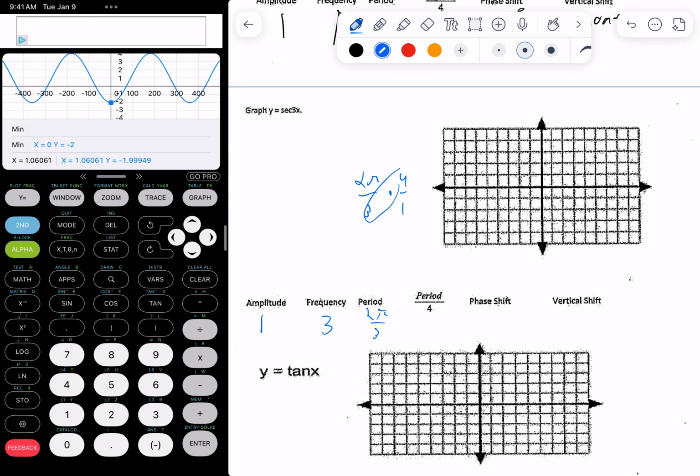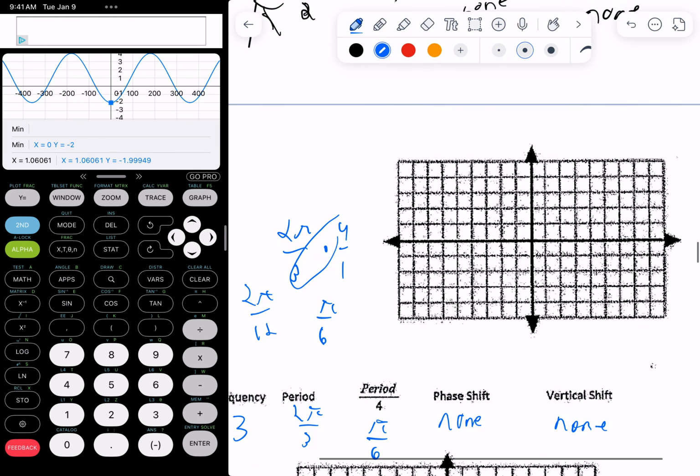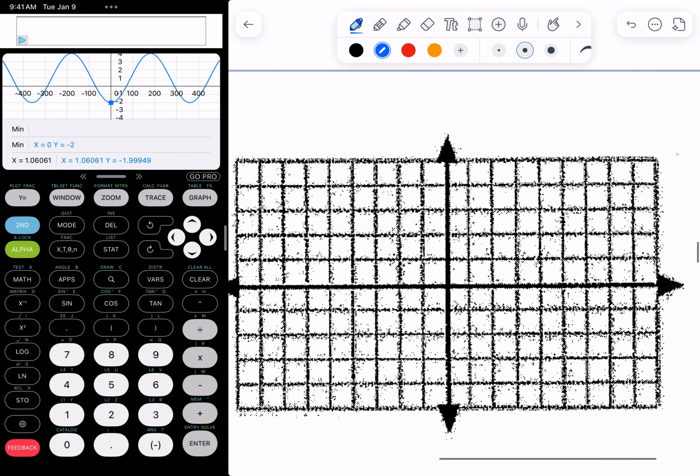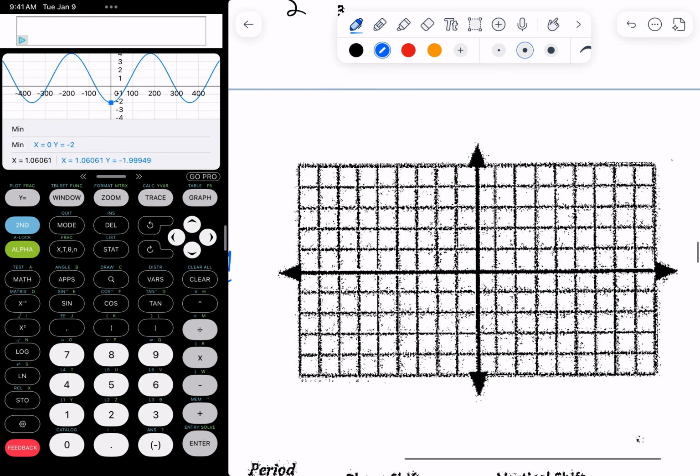Cross multiply, so that's 2 pi over 12, pi over 6. Great. Now our phase shift is none, and vertical shift is also none. Wait, did I do that right? Yes, I did. Awesome.